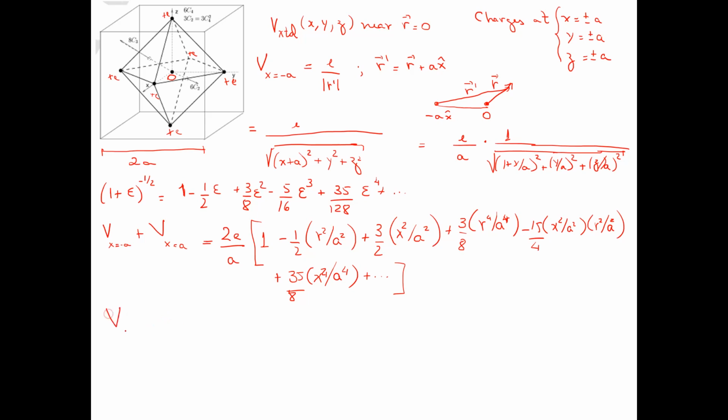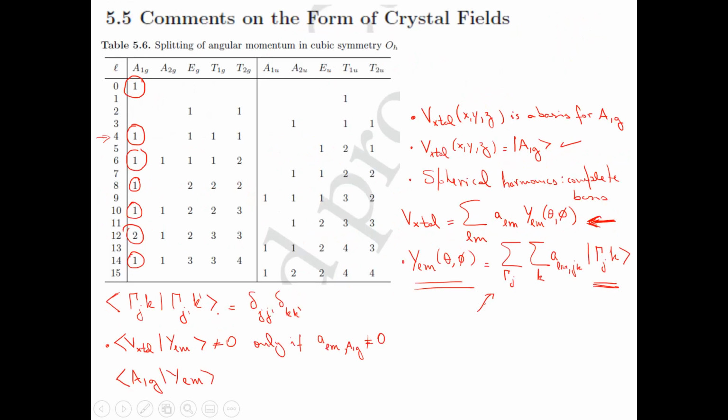the V total, which is the total crystal field near the origin, as 2e over a times a constant term, in this case it's 3, which comes from this L equals 0 contribution, right?